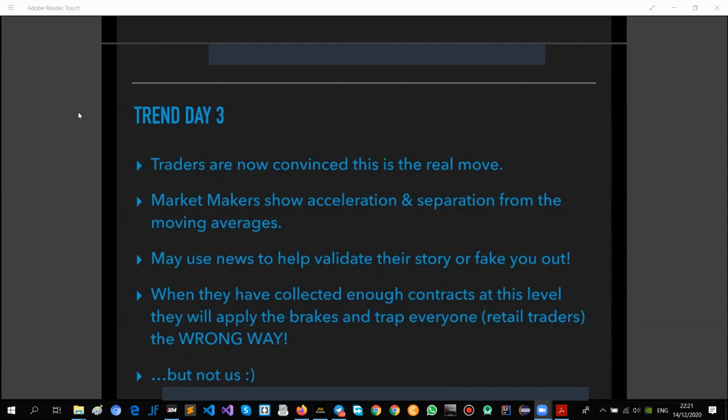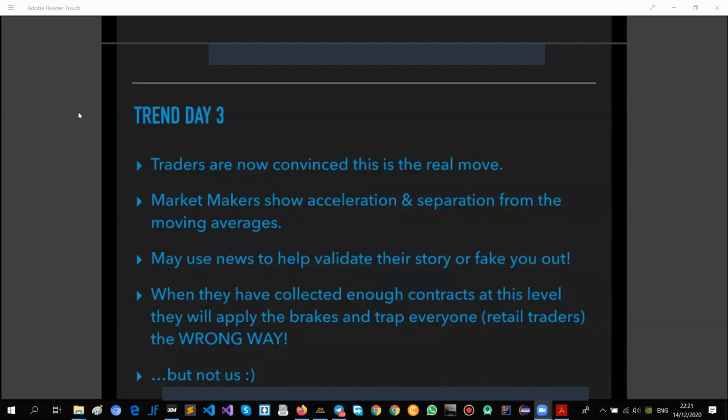We talked about this when we talked about levels. Sometimes they may use news, as you say, the market makers hide behind news to make big moves, to move volatility, to move volume. They hide behind news. That's the main purpose of news.